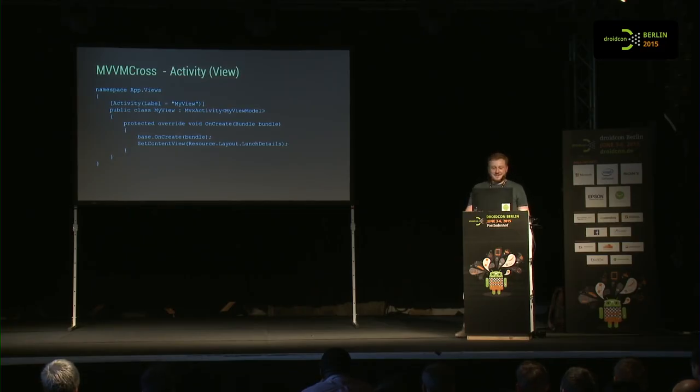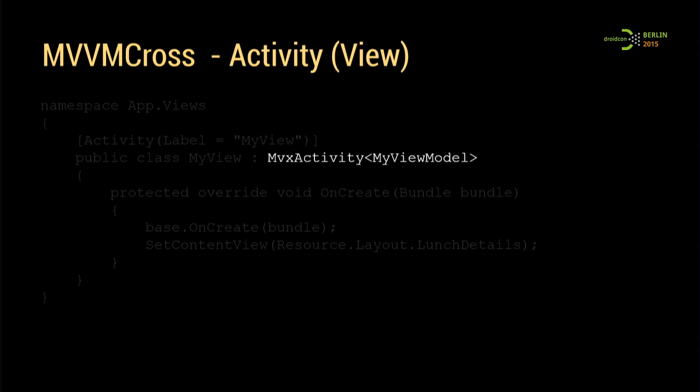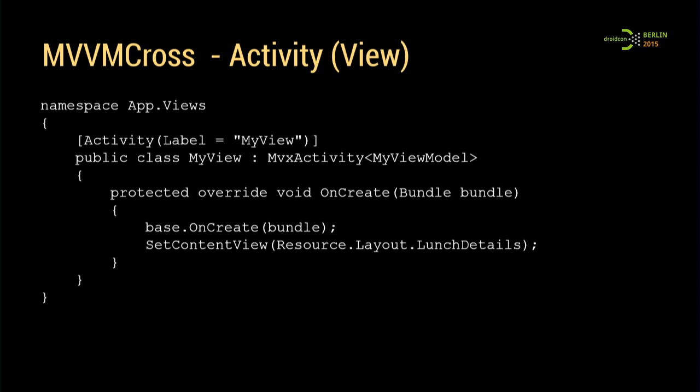Okay, so this is a really simple example of an activity which was written using C#. And the most important thing is, okay, maybe you don't see everything. The most important thing is that we are extending MVX activity and we are specifying our view model, and that's it.